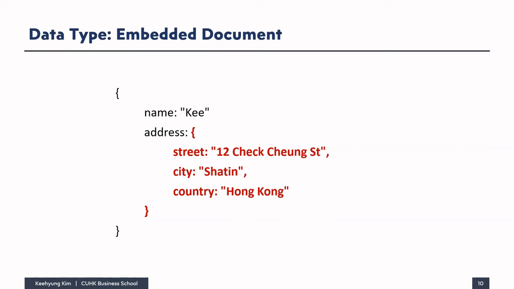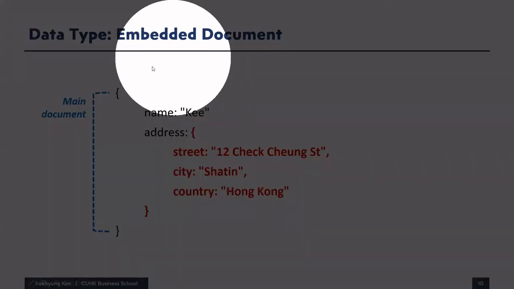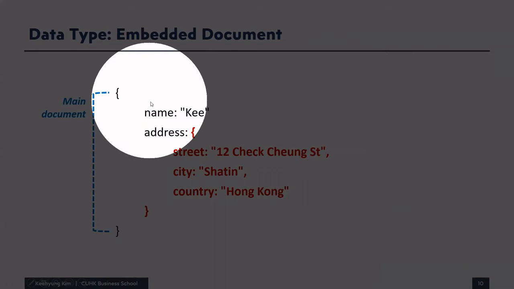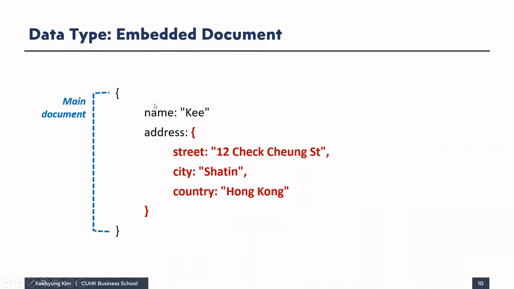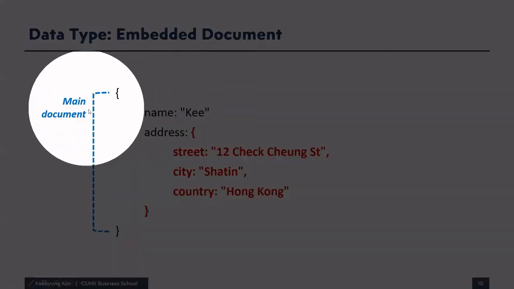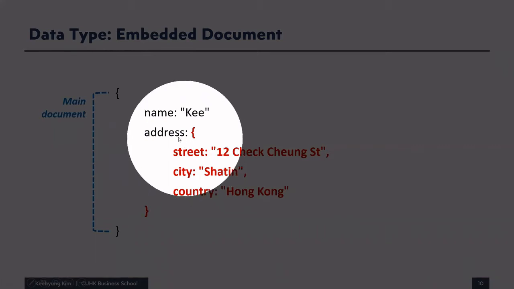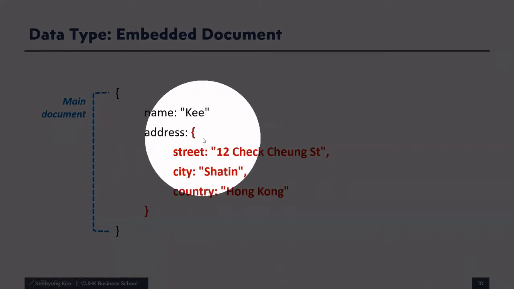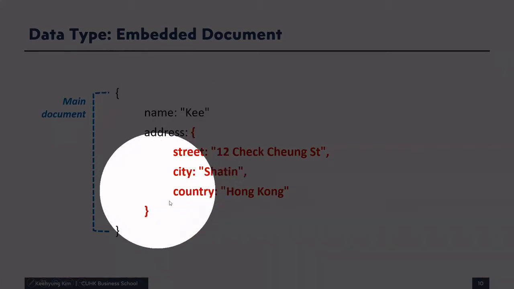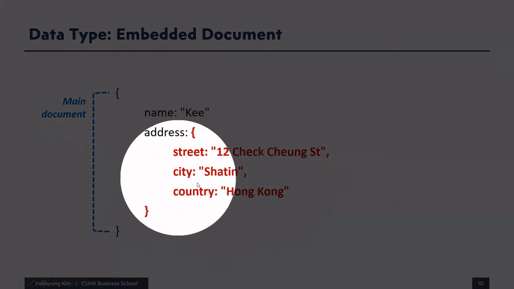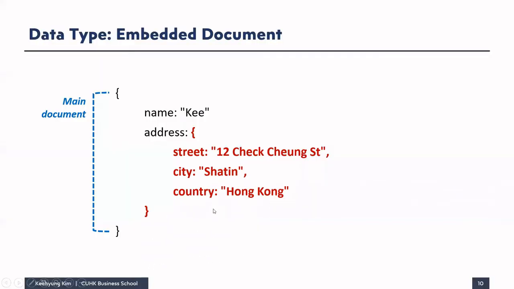So in this case, basically, this entire document is the main document for the customer Key. And inside this document, there is an address field. The address field contains the value of another document which has 3 fields like this. Then we call this an embedded document.